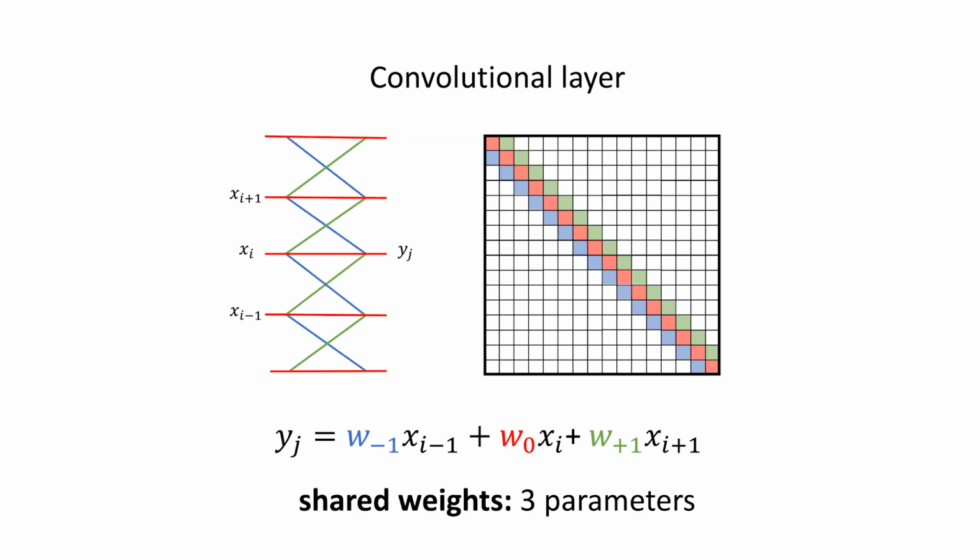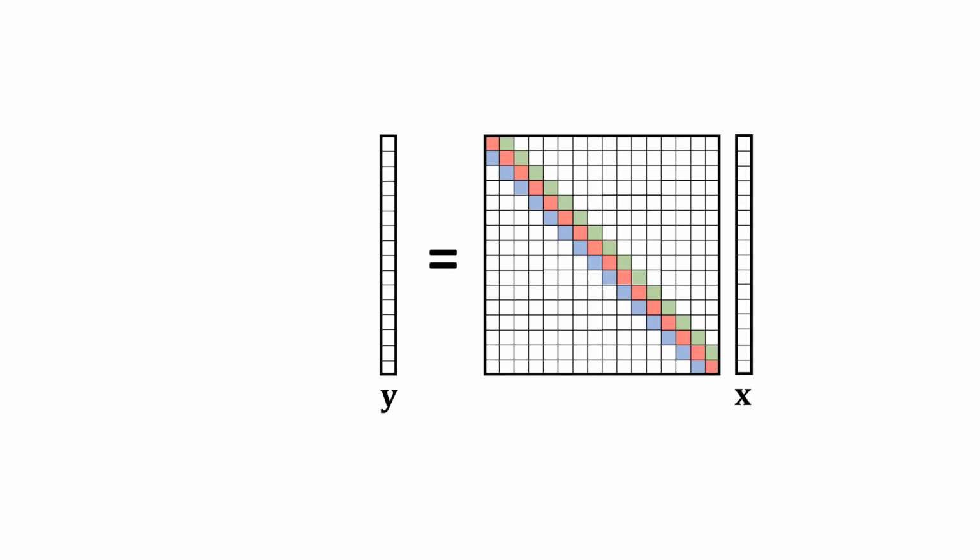This way, we have a sparsely connected neural network with shared parameters. If we write the weights of this neural network as a matrix, we can think of the mapping from input to output as matrix-vector multiplication by a very special matrix that is formed by shifted versions of a vector of weights called W.